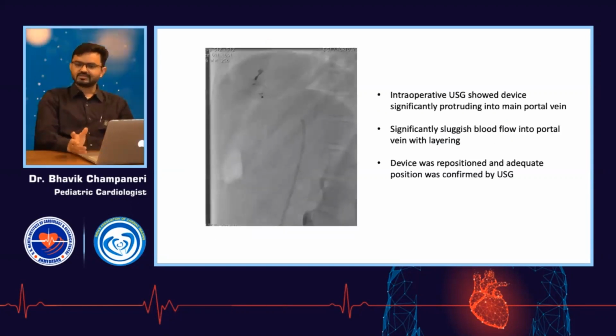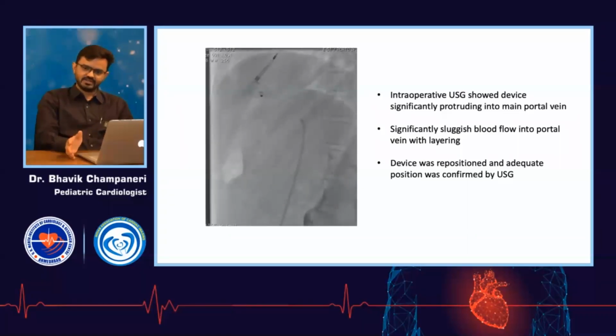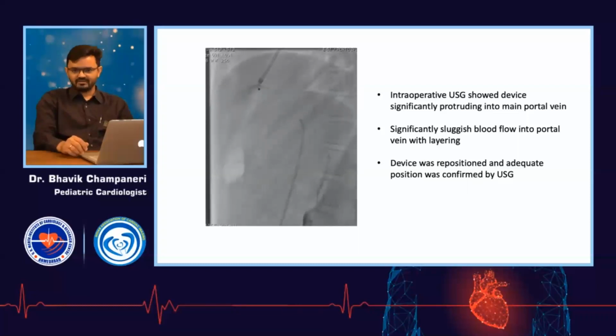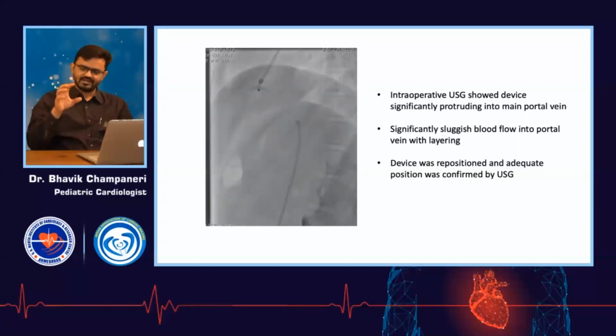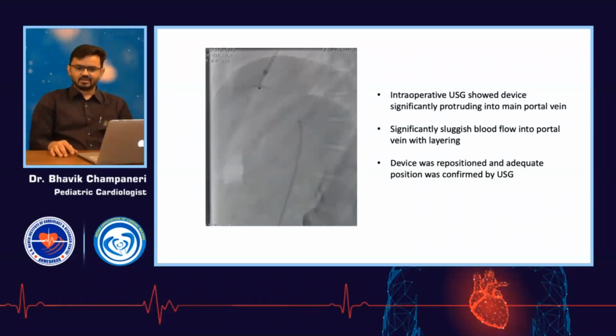The radiologist was there on table doing intraoperative sonography, and he told that this device is protruding significantly into the portal vein, and he is not able to see any forward flow into the portal venous branches, and there was severely sluggish flow in the portal vein, and actually there was layering. So he was going into portal venous thrombosis.